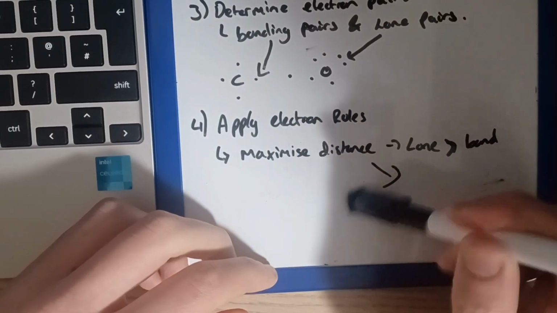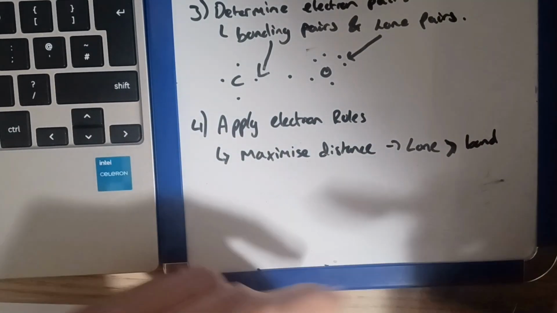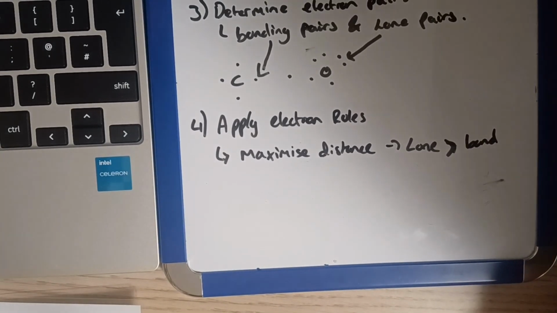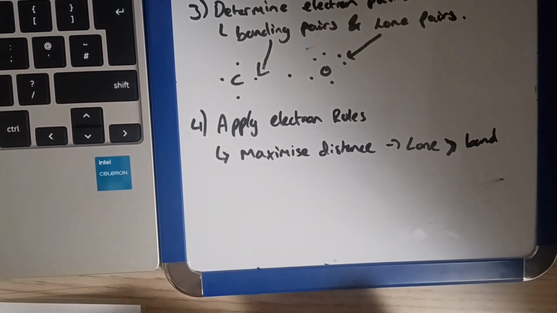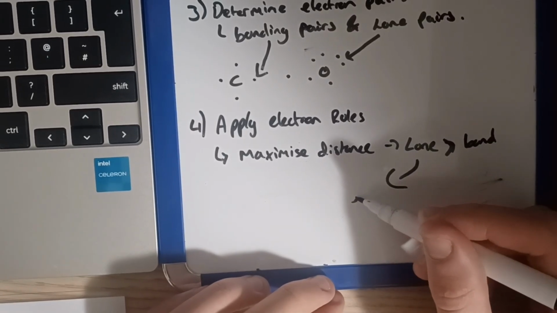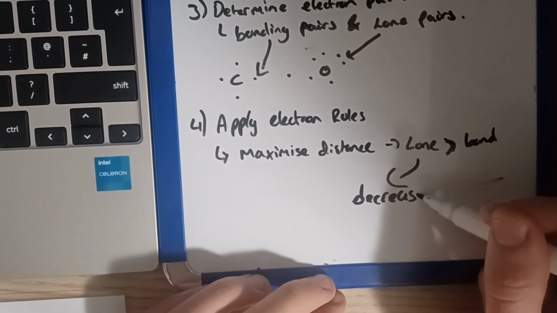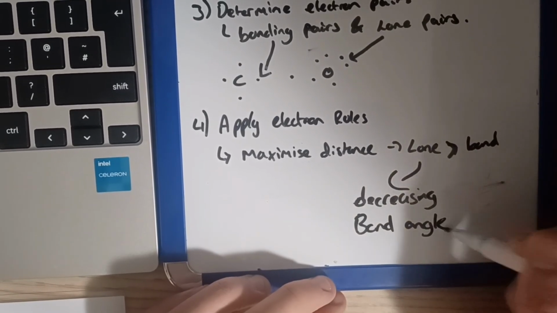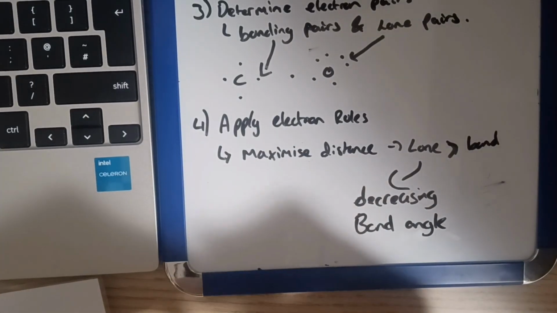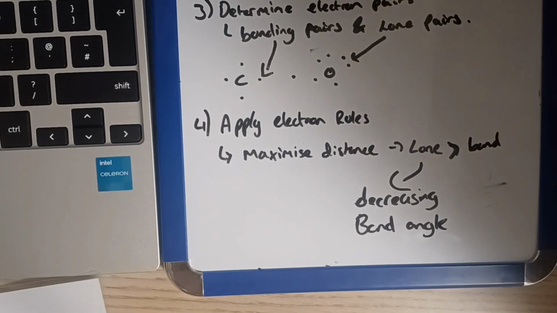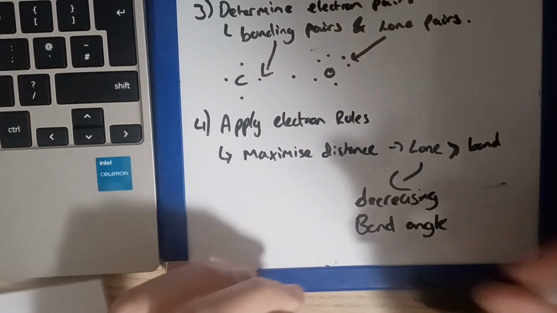And that's all I mean. Now, because the lone pair pushes a single pair, or a bonding pair, away, shall we say, the lone pair ends up decreasing bond angle. And once we go through the rules, I'll make an example of this in carbon dioxide, and we'll use methane. Why not?